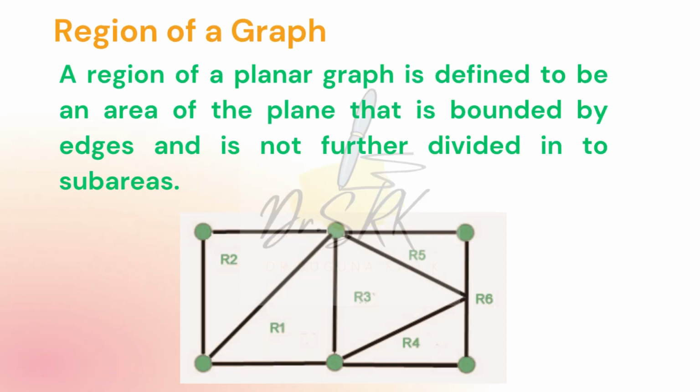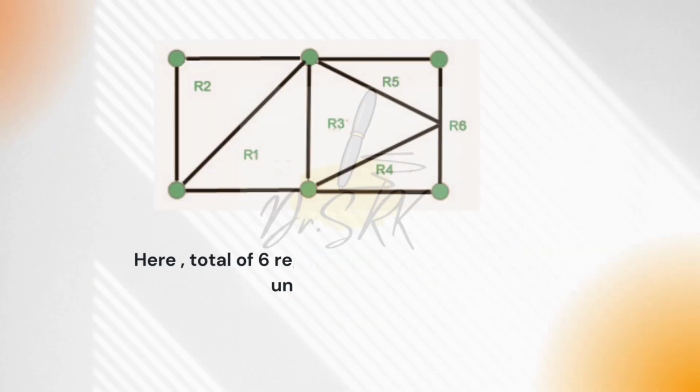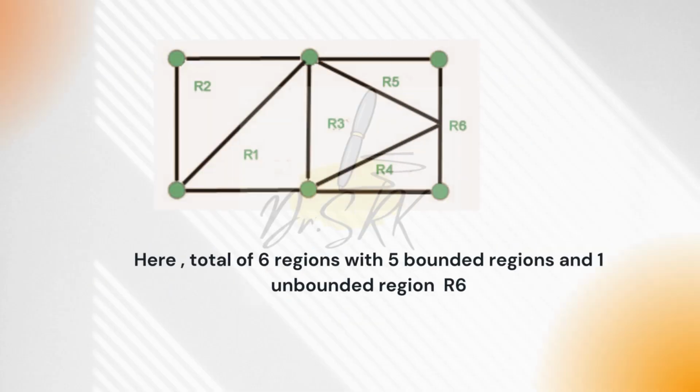Look at the example here. This is the planar graph. What are finite regions? What are infinite regions? Here R1, R2, R3, R4, R5 are the finite regions.